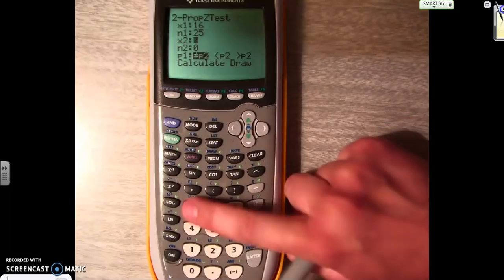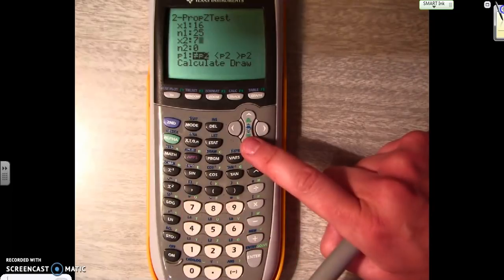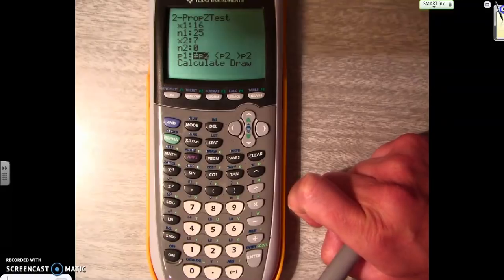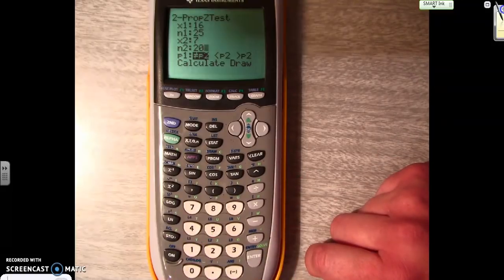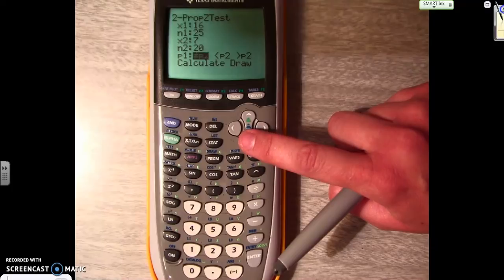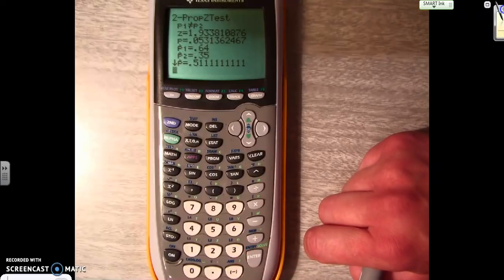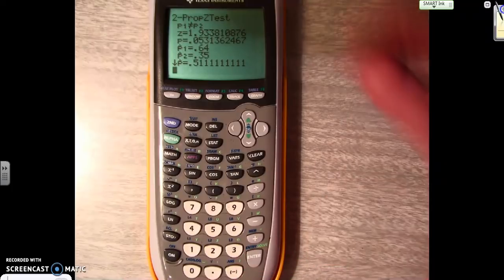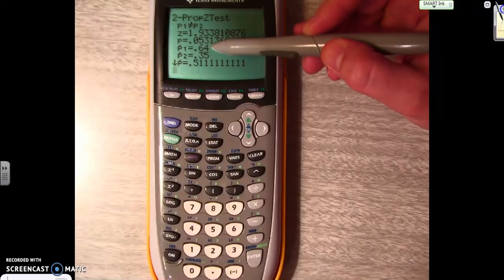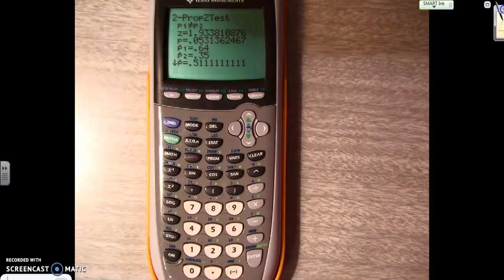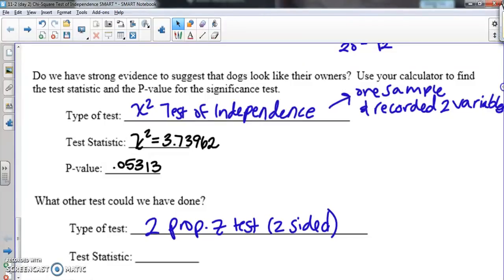And then I have 7 mixed breed dogs that resemble their owner out of a total of 20. Okay, so I've got my 2 proportions plugged in there. Again, it's a two-sided test, so I'm going to use the not equals to, and I'm going to hit Calculate. So you can see they give you the z-score, they give you the p-value, and so let's go ahead and write those down and take a look at what we have.